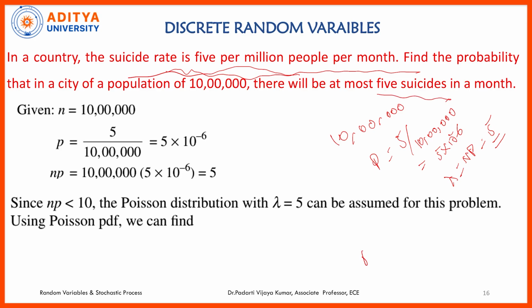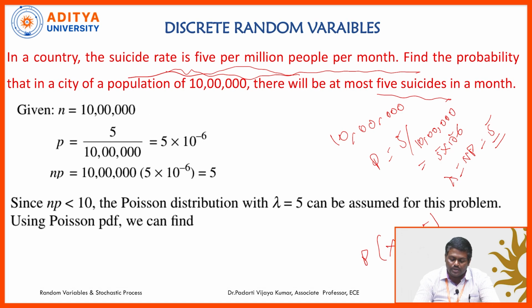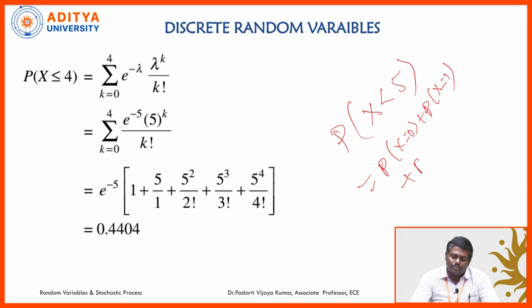At most 5 suicides means maximum 5 suicides. So the probability of x less than or equal to 5. So maximum means here 5 is not included, x less than 5. So the probability of x less than 5, that means probability of x is equal to 0, probability of x is equal to 1, probability of x is equal to 2, probability of x is equal to 3 and the probability of x is equal to 4.